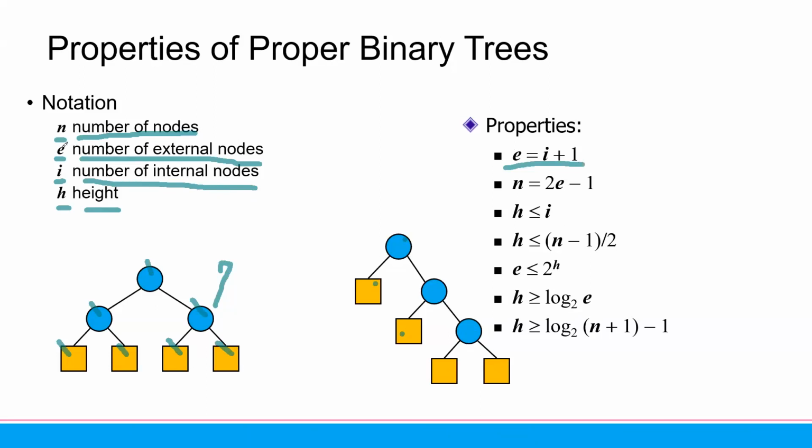What is e? e is the number of external nodes. What are external nodes? We call an external node a leaf. What is a leaf? A leaf is a node without children.